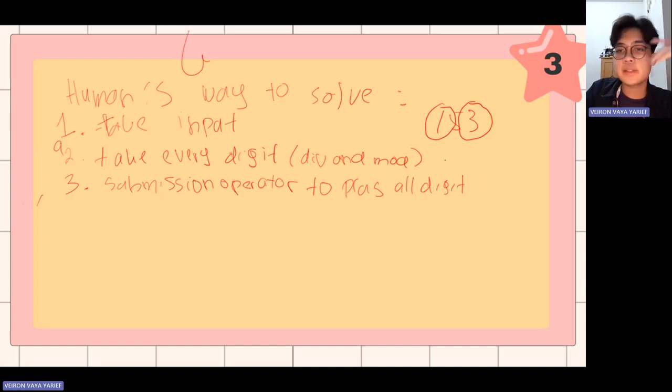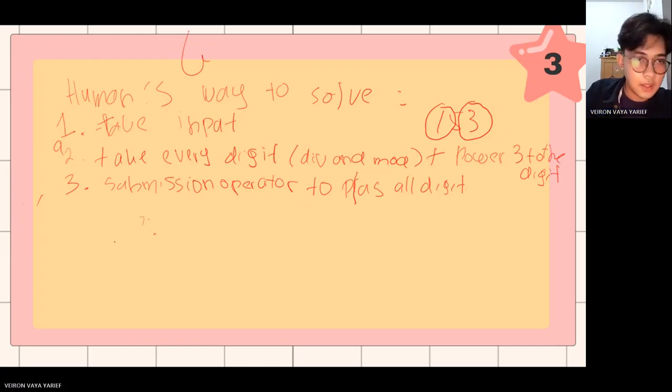Do we only plus all the digits, 1 plus 5 plus 3? No. We need to take the cubes of them, power them by 3. So step 2 is power 3 to each digit. After that, you do the summation operator to plus all the digits after you take power 3 of them.